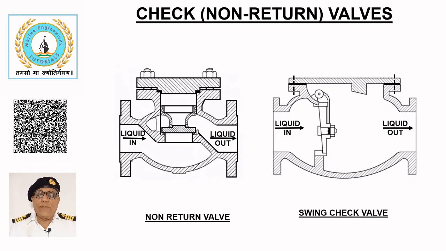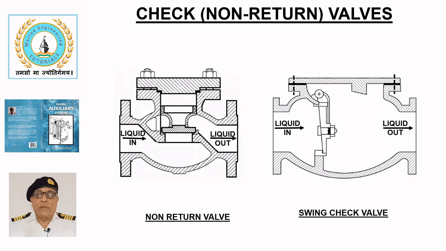This slide shows two types of check valves, primarily used to prevent backflow. These valves have no spindles and therefore cannot regulate the flow. They open automatically under the pressure of fluid entering the valve, allowing it to pass to the outlet.